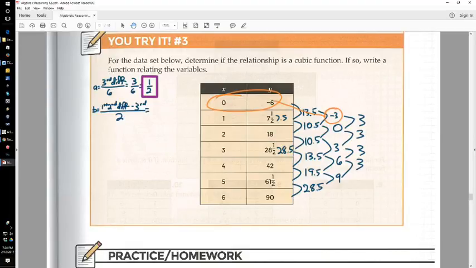So that's my second difference, that negative 3 right there. So that's negative 3. Negative 3 minus my third difference, which is also 3, divided by 2. So negative 3 minus 3 is negative 6. That's negative 6 over 2. Divide that out, you get negative 3. So that's the B value.